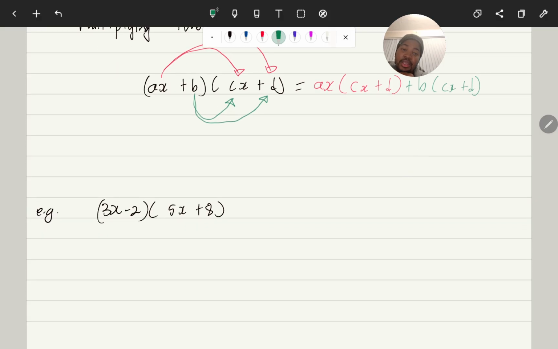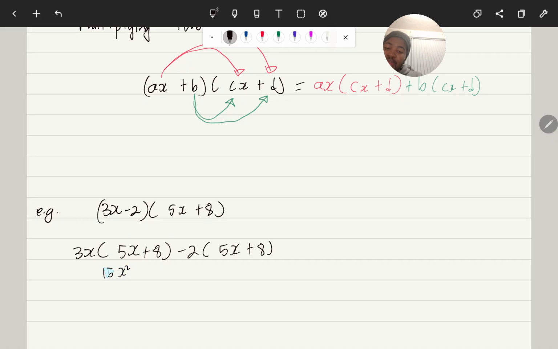Let us apply this to this problem now. We're going to multiply 3x into (5x plus 8), and then minus 2 into (5x plus 8), close bracket. Now we multiply. We have 3 times 5, that is 15x squared. Then 3 times 8 is 24, so 24x.